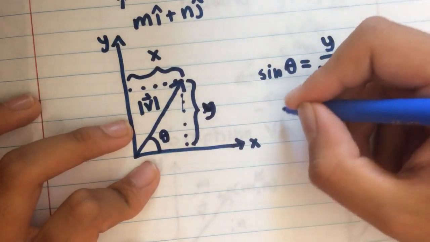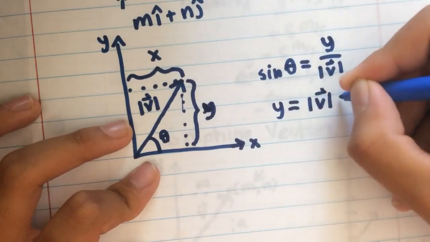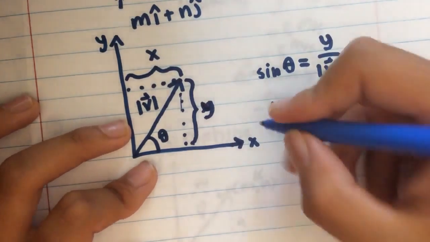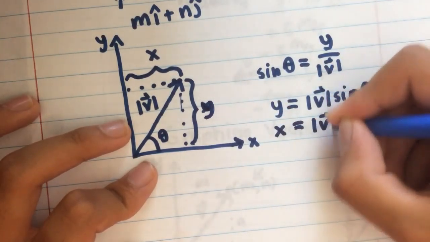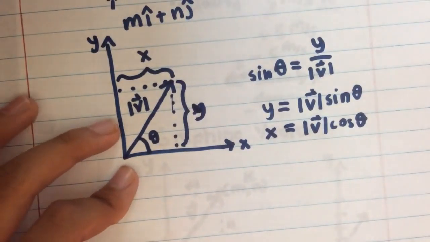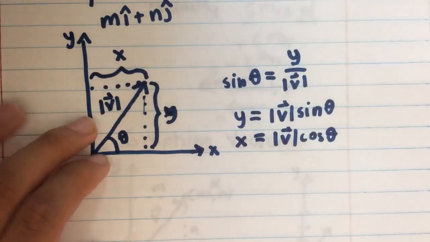And then we get that y equals |v| sine theta. And similarly, if we solve for x, we'd get that x equals |v| cos theta. So that would be the x and y components.